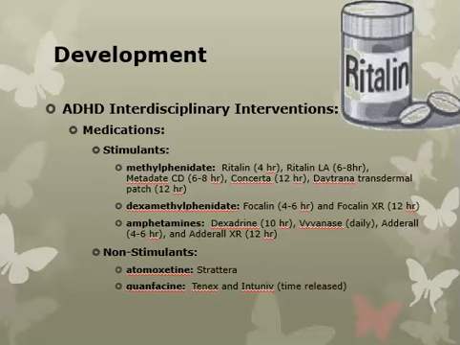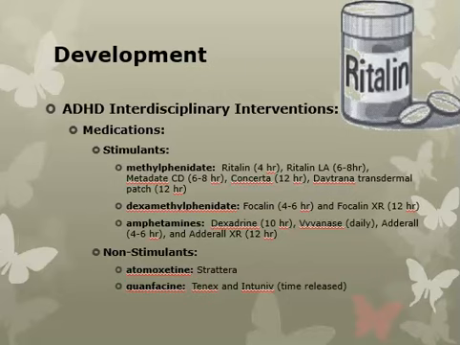All right. So as far as these medications, we're going to use psychostimulants, and they're going to have a calming effect, believe it or not. So it's just how they work in the brain. All right. So the methylphenidate, that's a central nervous stimulant.